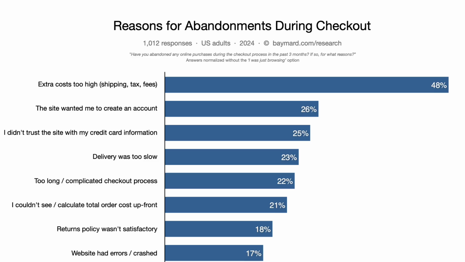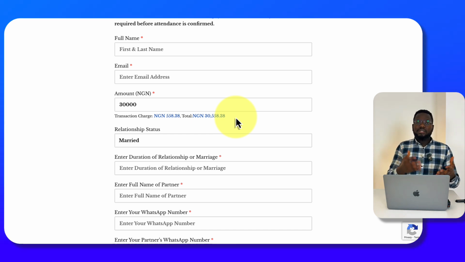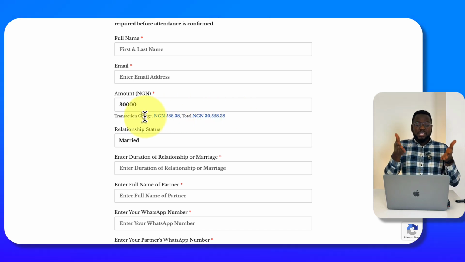One of the findings is that unexpected charges are one of the major reasons people abandon carts. They want to make payment, and then they decide not to make it again. Because all they saw in the advert is 30,000 naira, and by the time they come to the page, they see they have to pay an additional 500.